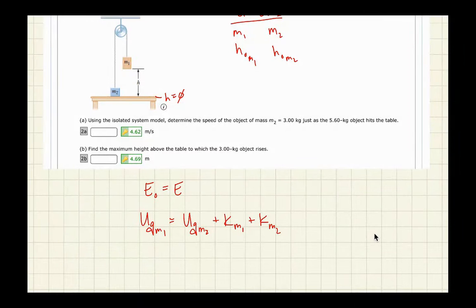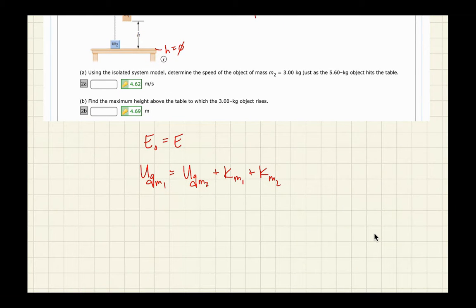You could combine these two kinetic energies because they'll be moving at the same velocity, the same speed. So you could actually just call this the kinetic energy of block M1 plus M2, and that would work as well. So once I have this, my problem is pretty straightforward, right?